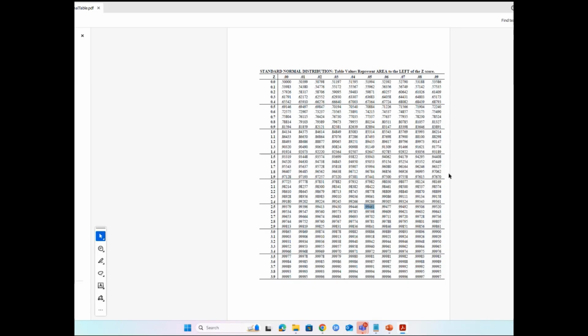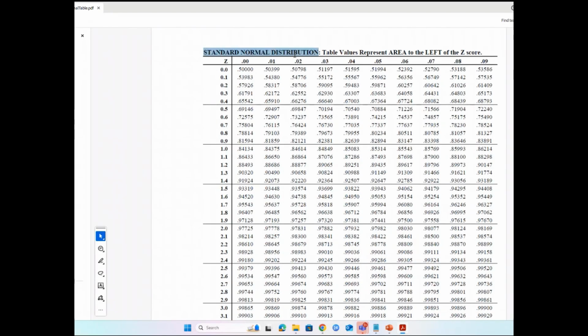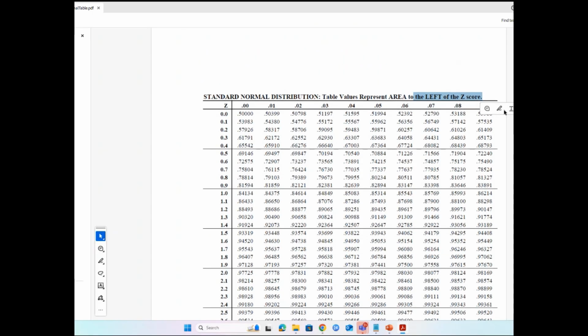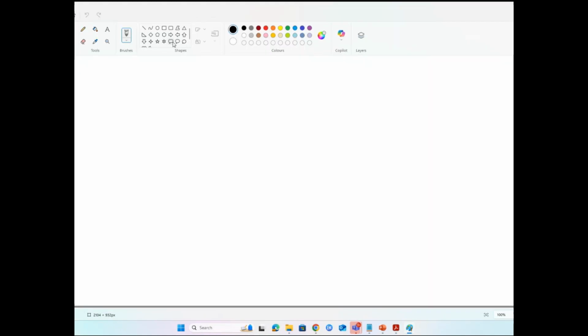You see this table, the standard normal distribution, right? And then here it says it represents left of the Z score. Left of the Z score means if I have a normal distribution like this, a normal means the center here is 0.